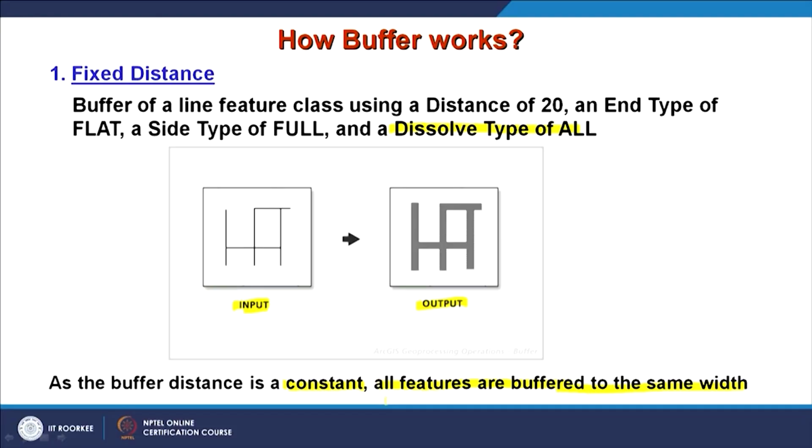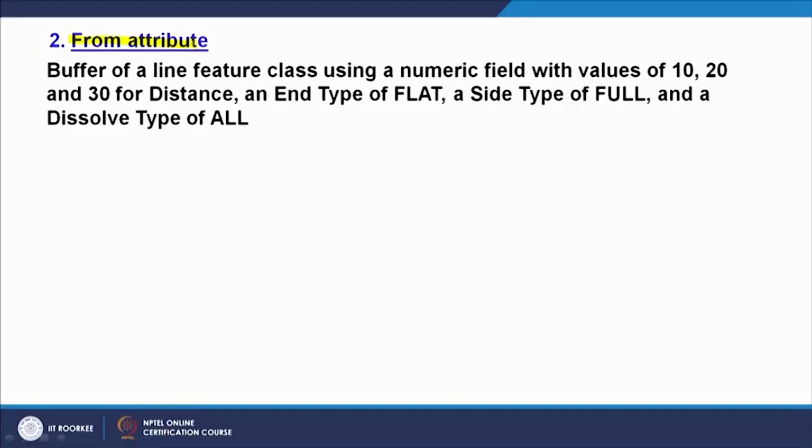Where more traffic is there, I want a wider road. So if widening has to be done, which part has to be done, say within this example? From where will that value come, so that instead of a constant value I have a varying value? Definitely that varying value is going to come from one of the attributes.